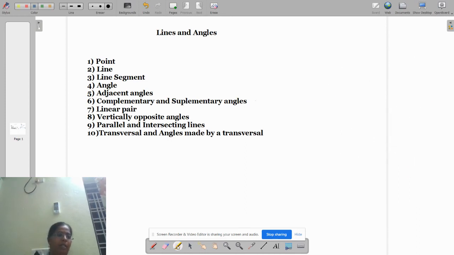Next is complementary and supplementary. What is complementary? Two angles are complementary if the sum of their measures is equal to 90 degrees.